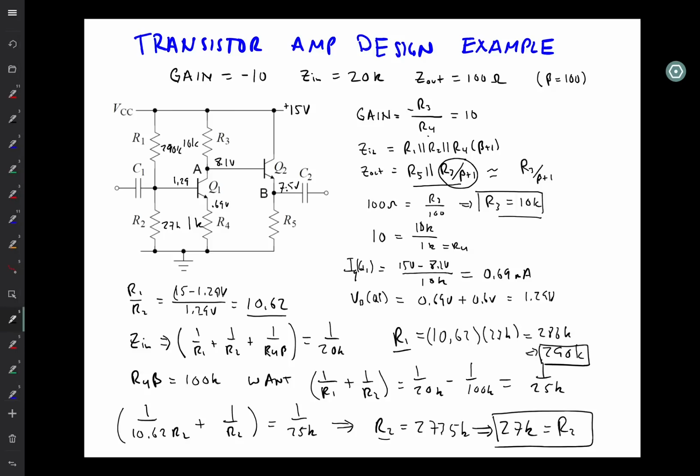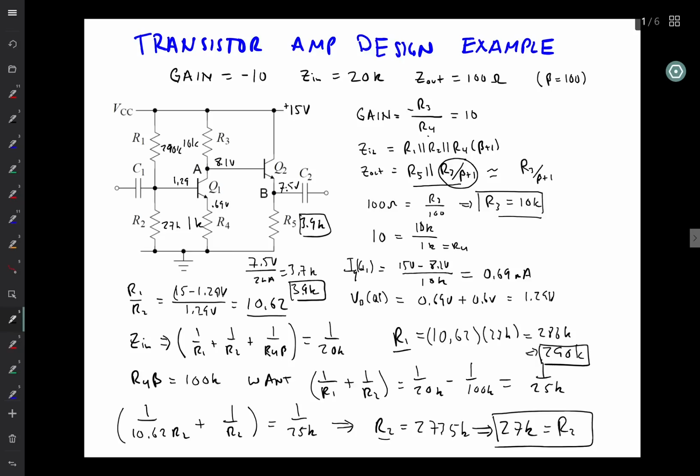So I'm assuming a quiescent current of 2 milliamps with 7.5 volts, and 7.5 volts divided by 2 milliamps gives us something on the order of 3.7K, and I'm going to round up to 3.9 because that's the closest standard value. So that would be 3.9K.